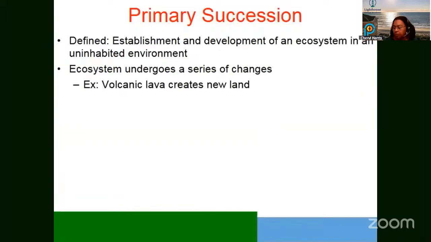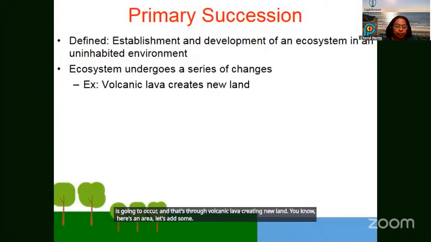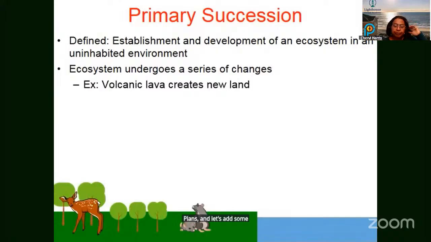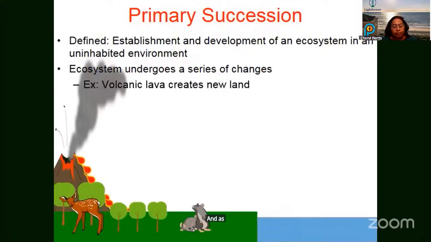So when it comes to primary succession, there's really two modes in which this is going to occur, and that's through volcanic lava creating new land. Here's an area. Let's add some plants and let's add some animals, and let's say in the background of this area there's an erupting volcano. And as time goes by, this volcano is erupting, the lava is flowing into the ocean, and it starts to pile up and pile up and pile up.